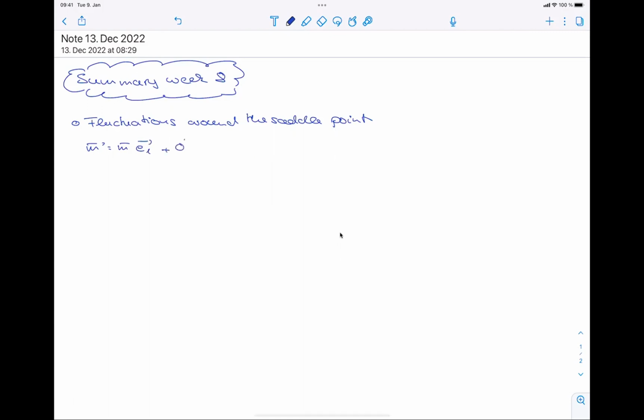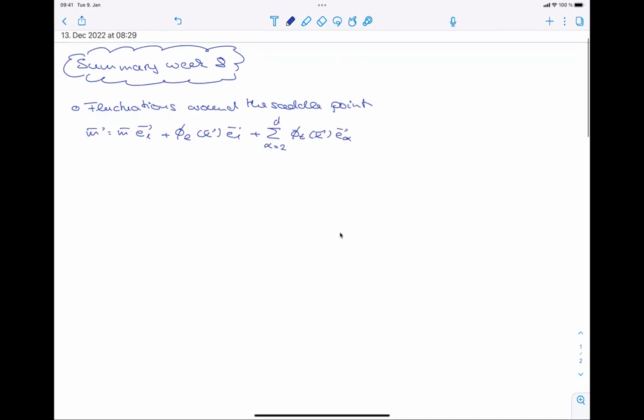And then we look at fluctuations that are longitudinal, which means along the axis of the uniform mean field, or transversal ones in all the other dimensions that are perpendicular to the structure. So these are the longitudinal and transversal.